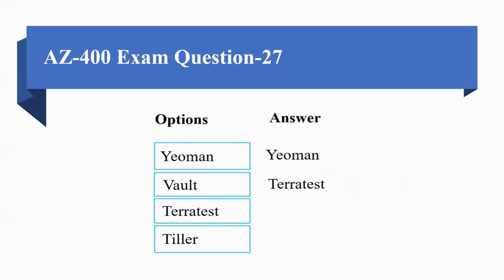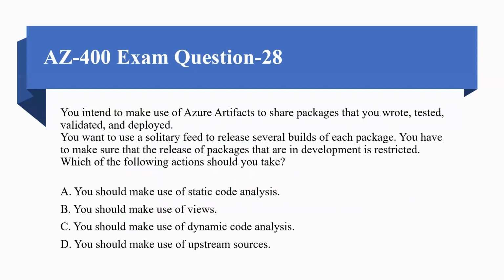Moving towards the next question. You intend to make use of Azure Artifacts to share packages that you wrote, tested, validated, and deployed. You want to use a solitary feed to release several builds of each package. You have to make sure that the release of packages that are in development is restricted.